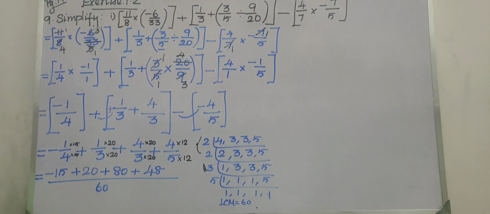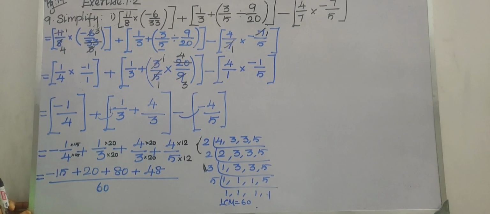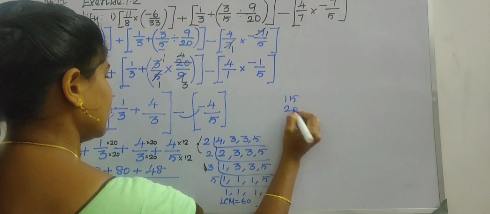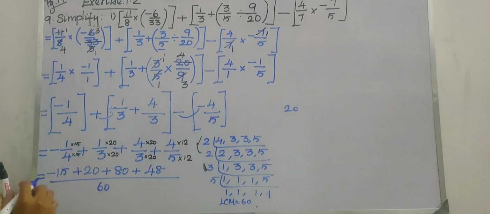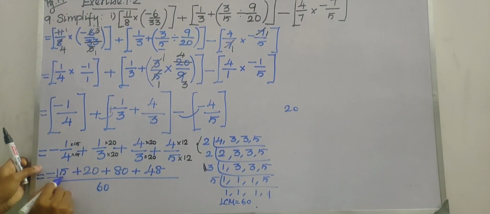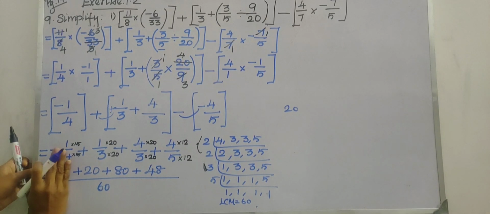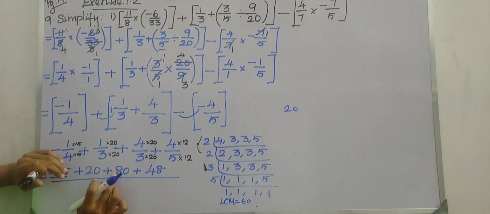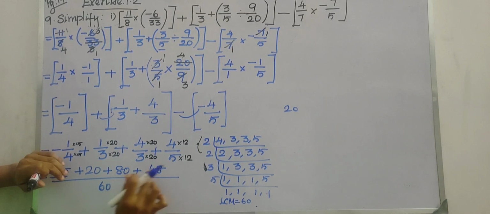Now add all the digits. So let us add. Here we are having this digit as minus, negative sign. Just leave this one and add all the other digits. So 20 plus 80 will get 100. So 148.